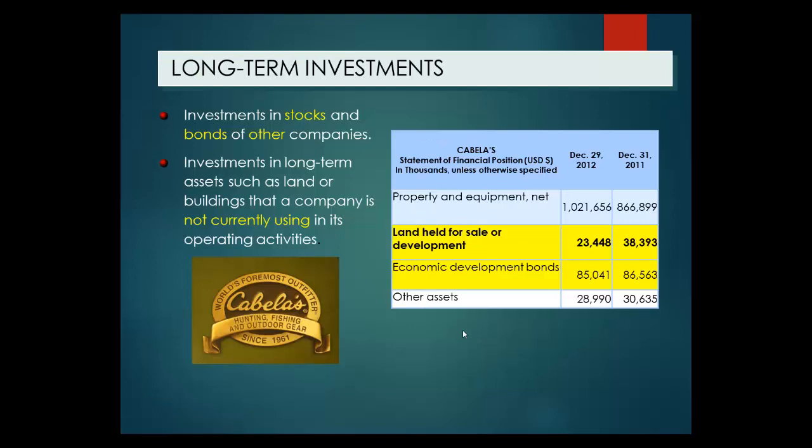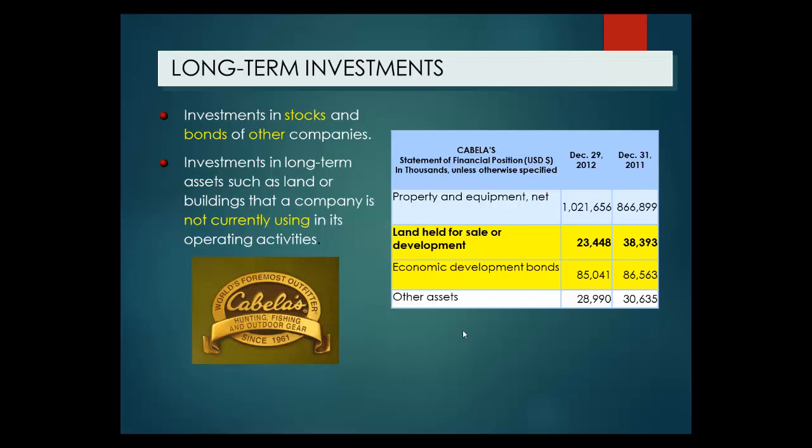Another category in the assets is long-term investments. So these could be investments in stock and bonds of other companies. They could be long-term assets such as land or building that a company is not currently using. For example, Bellevue College owns land up in Issaquah, and we are currently not building on that land, and we may resell it for a profit.